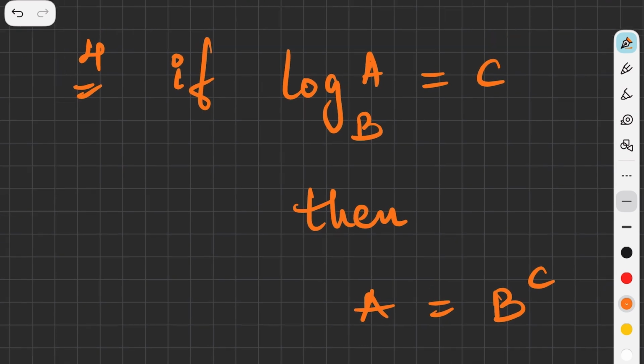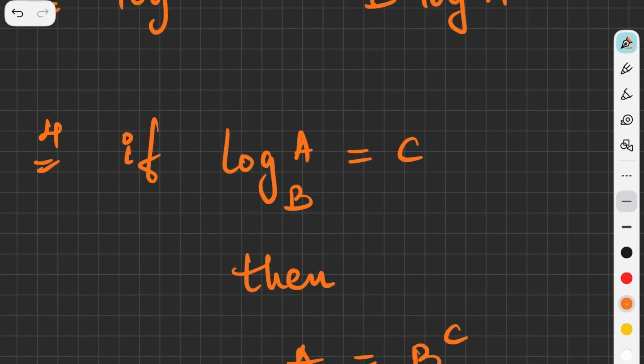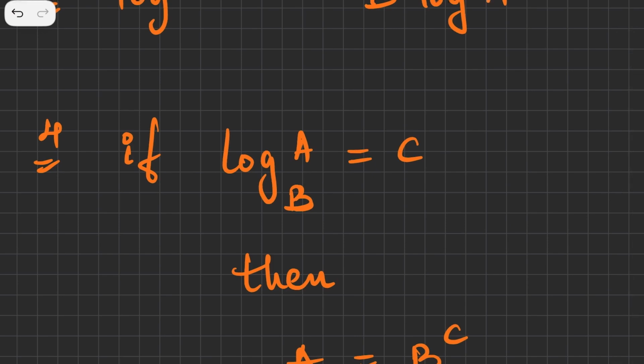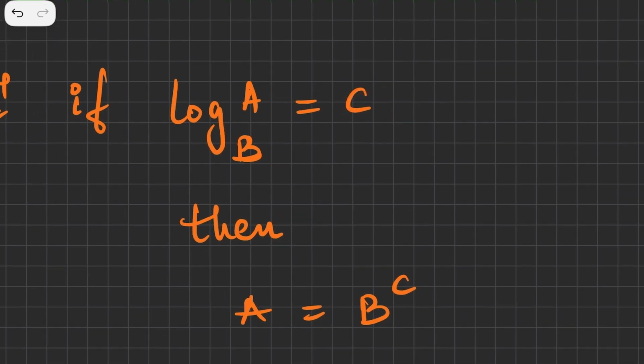Now suppose I have log a to the base b, which is equal to, let's say, c. Then if I wish to remove that log, I can say that b goes to the other side and b takes c in the power, and a will remain alone without the log.